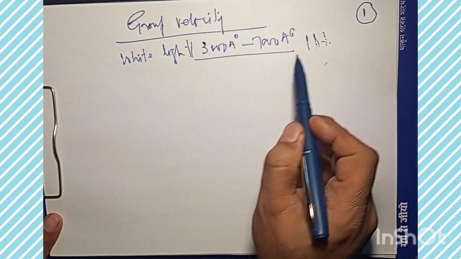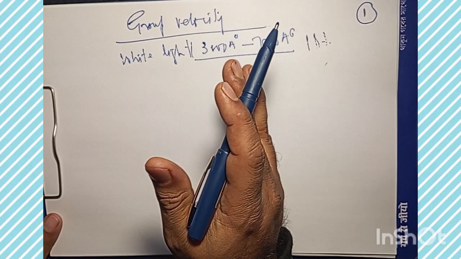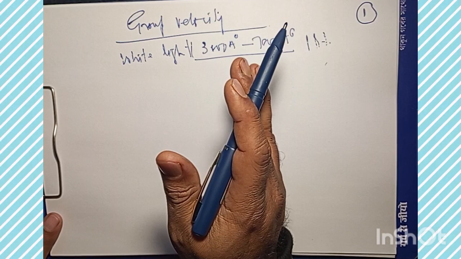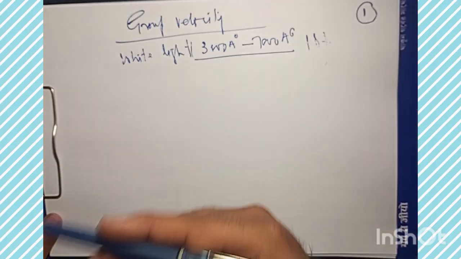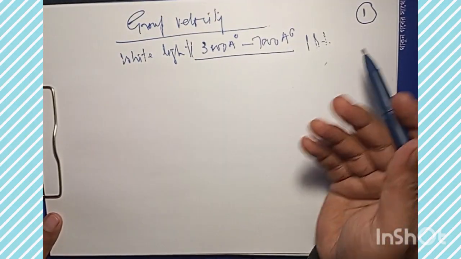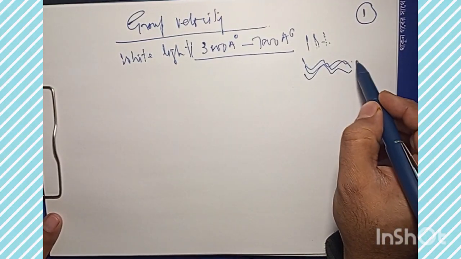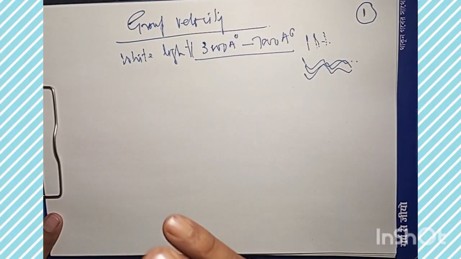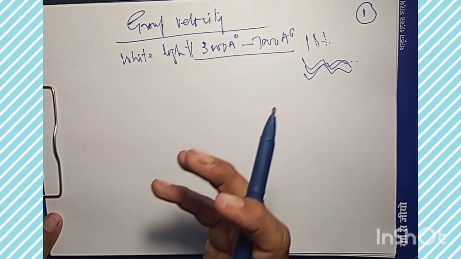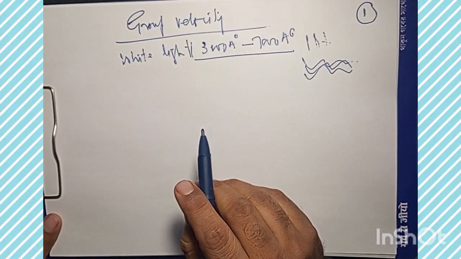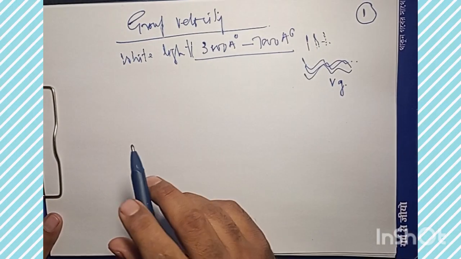So there we have an envelope of different frequencies in white light, and to define the group velocity here, it's basically the velocity with which this slowly varying envelope of the modulated pattern of these waves, this modulated pattern of waves due to a group of waves traveling in the medium, moves, and this velocity is referred to as the group velocity.